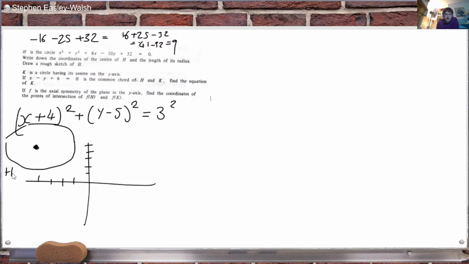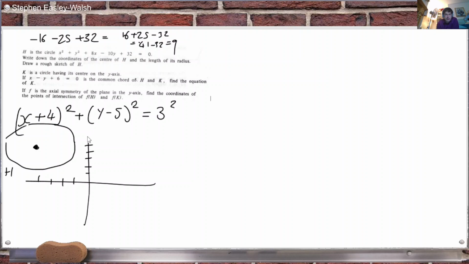K is a circle having its center on the y-axis. So somewhere on the y-axis here, and x minus y plus 6 is a common chord of H and K. So that line is y equals x plus 6.